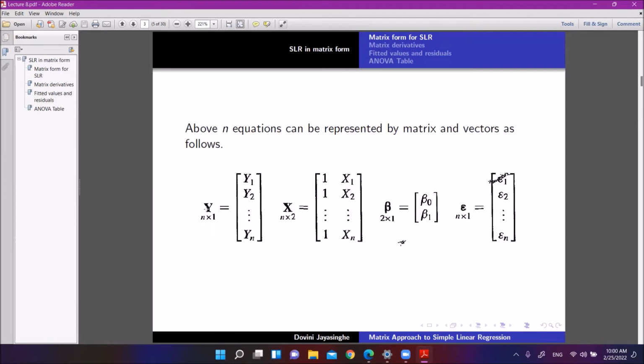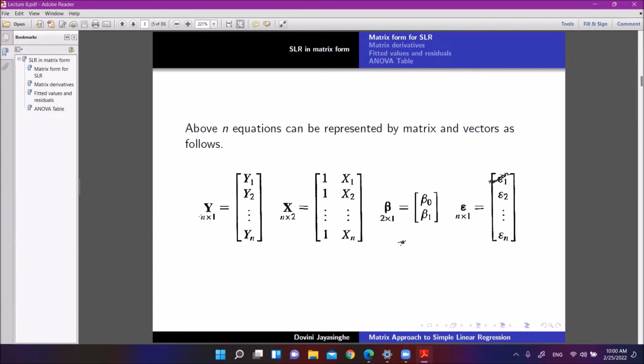Usually matrices are denoted by capital letters. If it is a vector and it is typeset, you can bold the letter, or you can put an underline. You all know how to write a vector. It's okay to call this a matrix because it's a column matrix.